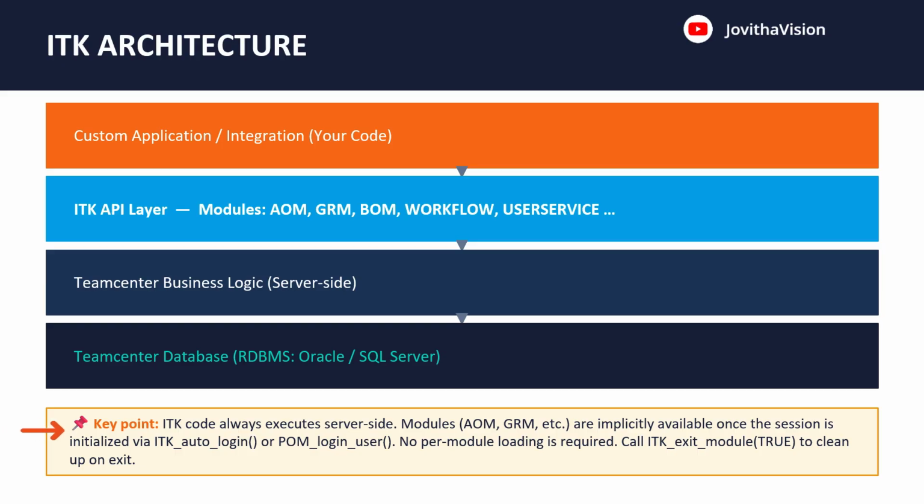So the correct pattern is you initialize a session using either ITK_auto_login, which is the most common approach in modern Teamcenter environments, or for explicit login, ITK_initialize_text_services followed by POM_login_user. Once the session is active, all ITK modules are available for use. When you are finished, you clean up by calling ITK_exit_module, with the argument set to true.